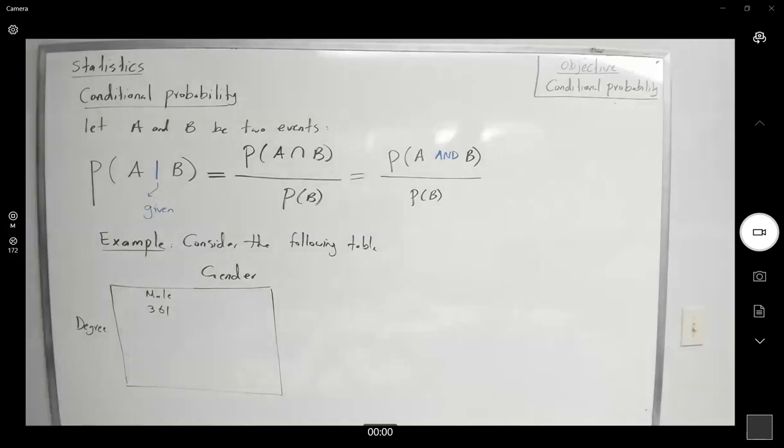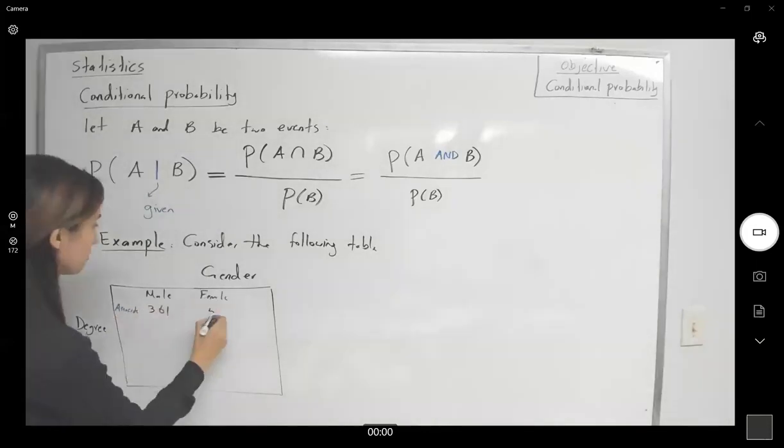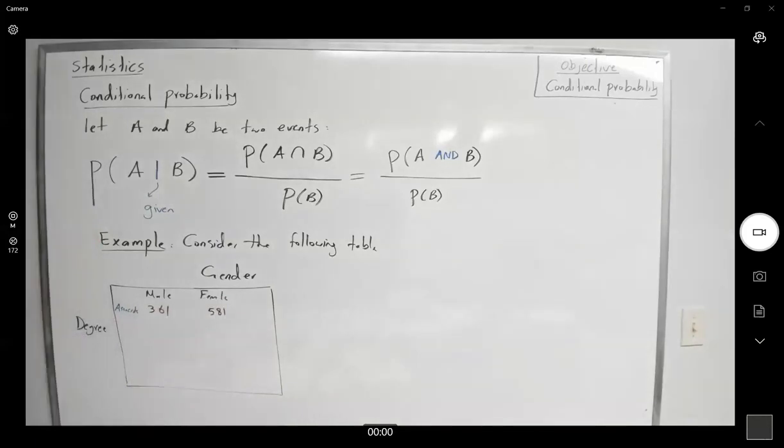Okay, perfect. 361 for associate degree, and we have 581 for female. Then we have bachelor's degree, 734, and for female, it's 982.